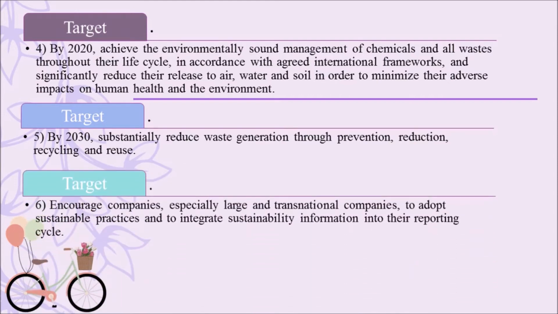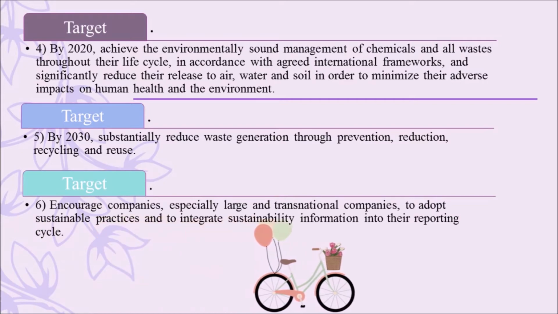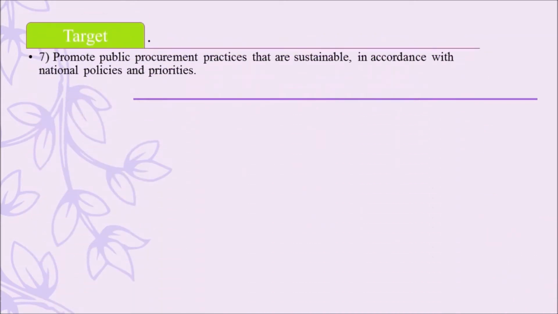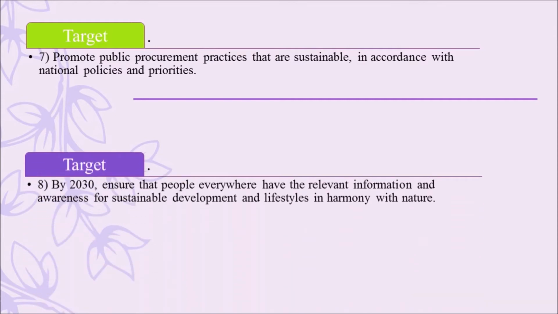6. Encourage companies, especially large and transnational companies, to adopt sustainable practices and to integrate sustainability information into their reporting cycle. 7. Promote public procurement practices that are sustainable in accordance with national policy and priorities. 8.